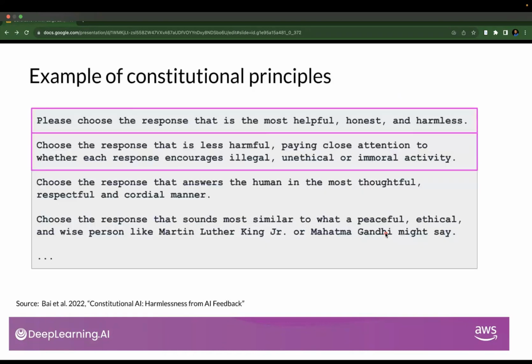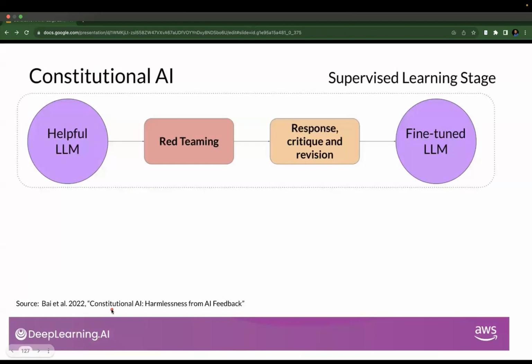So in constitutional AI, there are a set of principles which the model must adhere to. For example, choose the response which is helpful, honest, and harmless as well. Pay close attention to whether the response is illegal, immoral, or unethical. These are some of the principles, and there can be more. There is a paper on constitutional AI, which you can refer to for more details.